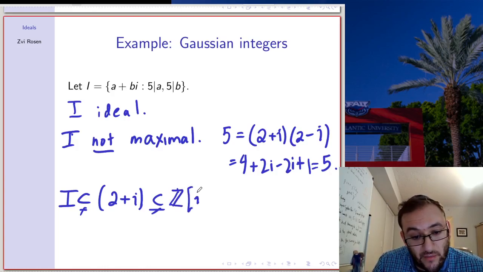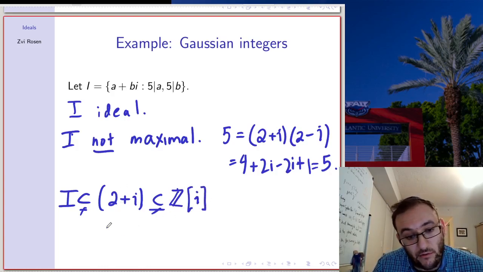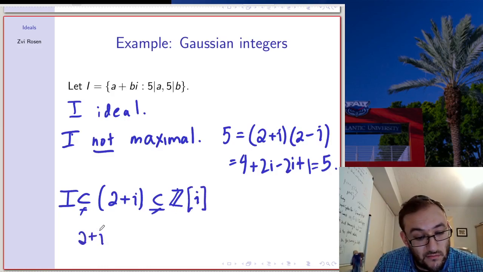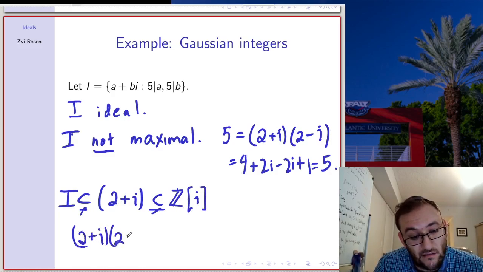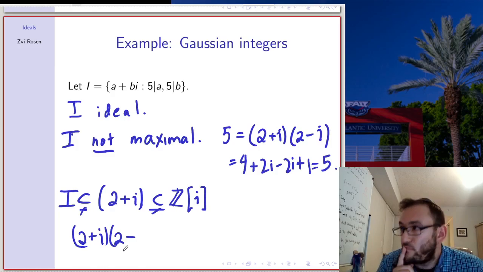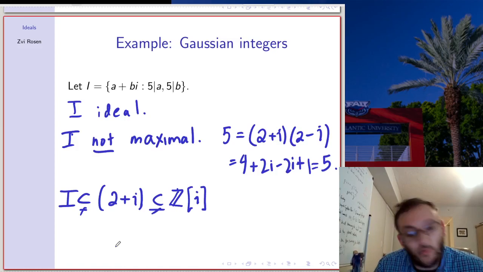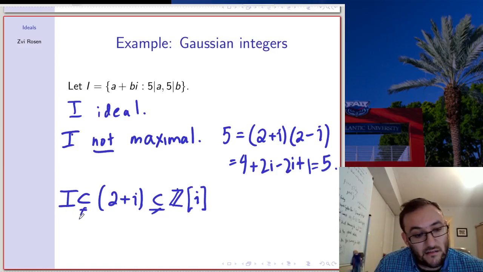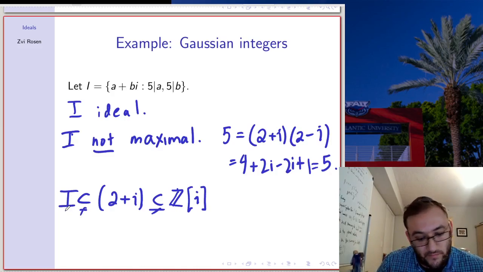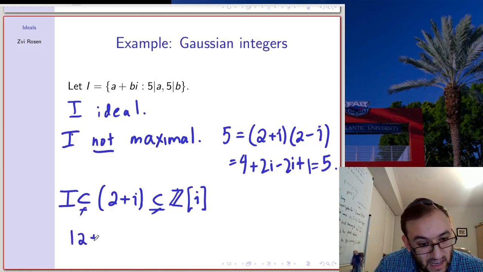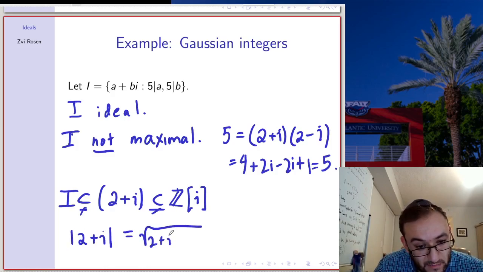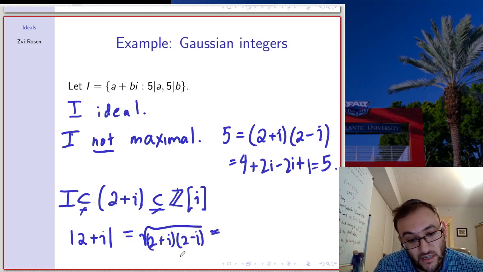And you could show that by considering how 2 plus i times 2 minus i, or rather, would be the best way to write this. So one of the properties of the Gaussian integers, this ring, is that you can apply a norm. So the norm of 2 plus i, the size of it, is given by the square root of 2 plus i times 2 minus i, which is square root of 5.